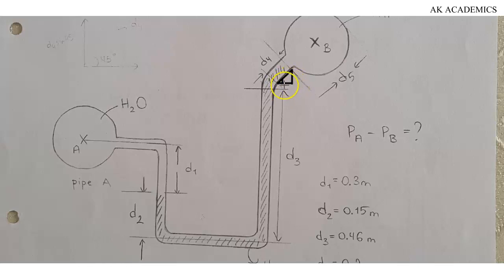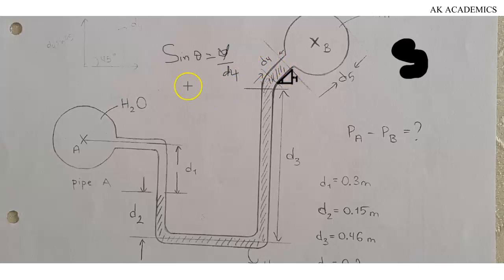Hence, if we call this height y, and let's call this angle theta, then sine theta will be equal to opposite over hypotenuse. The opposite is our y, divided by the hypotenuse, which is D4.